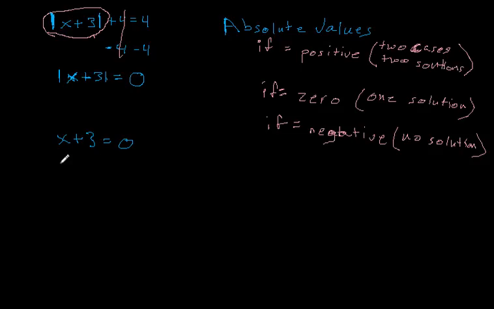The way to do this is undo addition by subtraction. So x equals negative 3. And that is my value for x. And that makes this statement true.